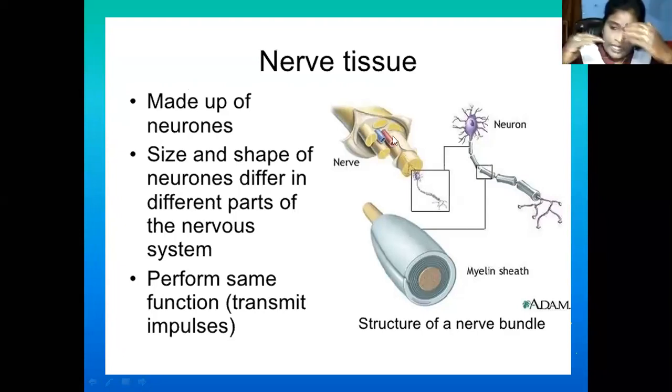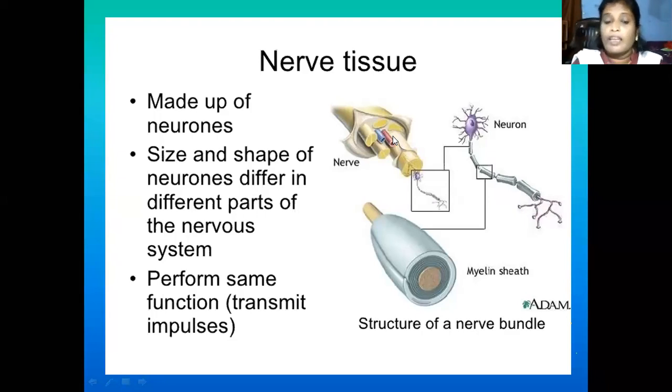In the nervous system, there are so many neurons. Every neuron collects information through the brain. Every neuron gives signals of any effect on ourselves. It reacts, stimulus and response. It maintains the neurons inside. The size and shape of neurons is different in different parts of the nervous system inside our body.